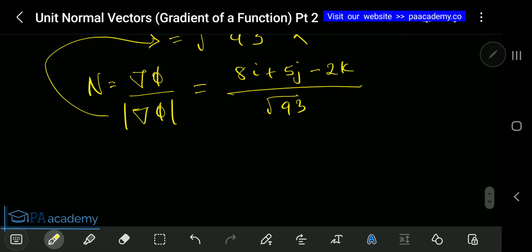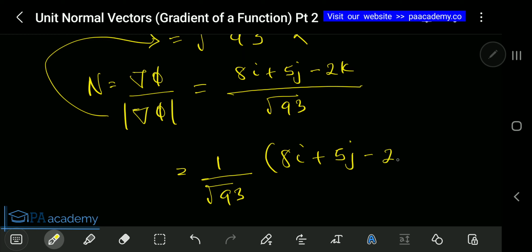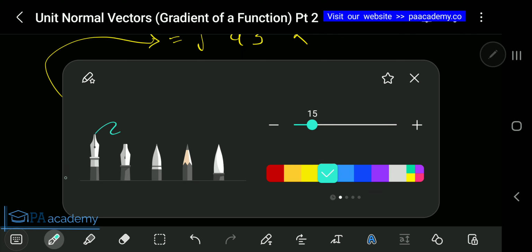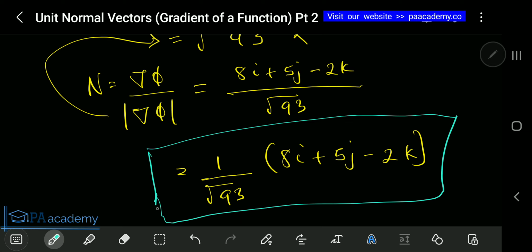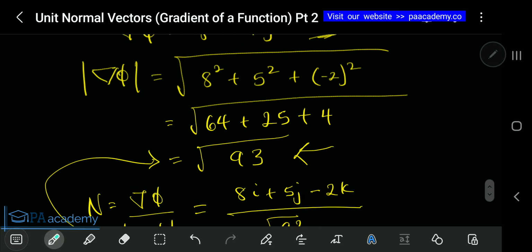To make it look better, we can write it as 1 over root 93, then in brackets 8i plus 5j minus 2k. What we have right here is our final answer to the question. So that's the solution to the question.